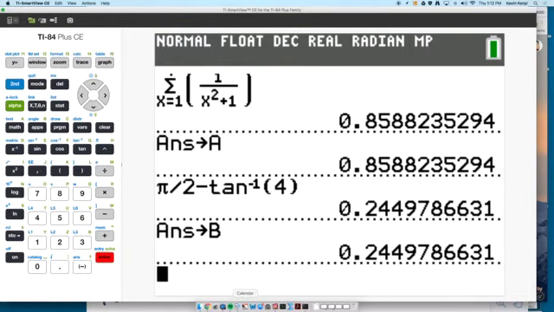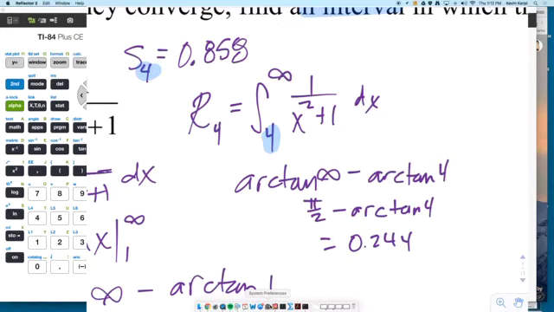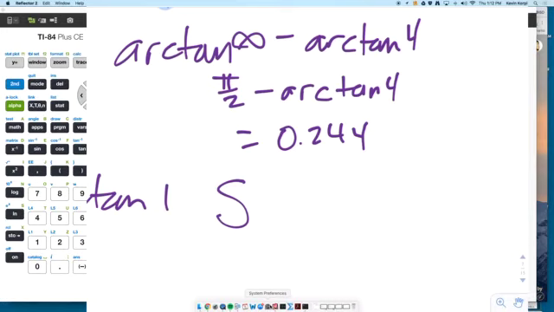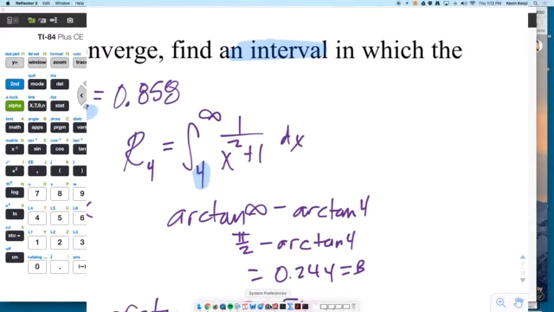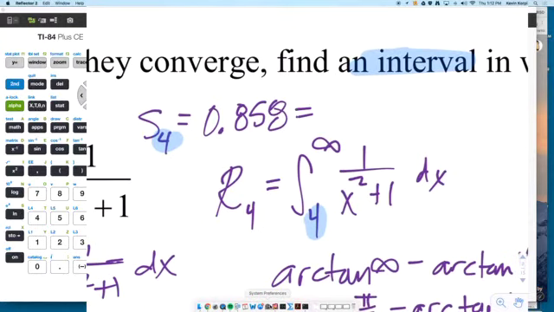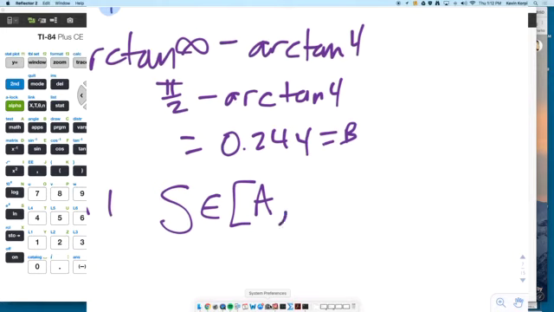So here we go. The actual interval then in which the sum lives. S is the actual sum. It's going to be contained between what I stored as A, which was this. That's a good lower bound, right?